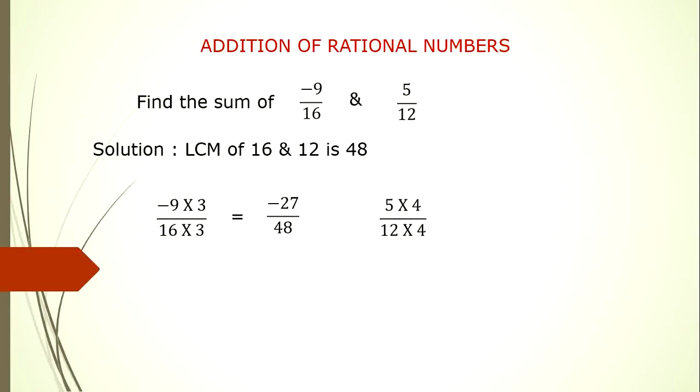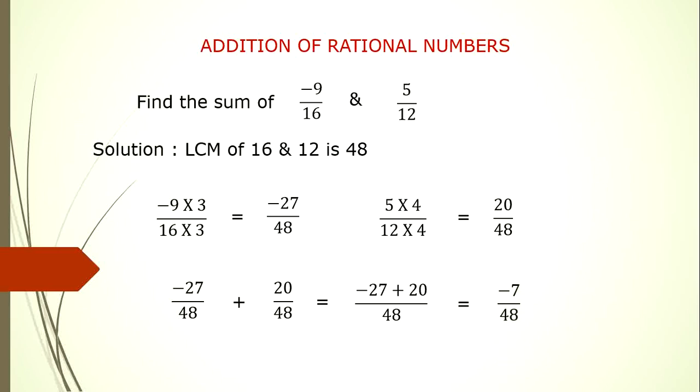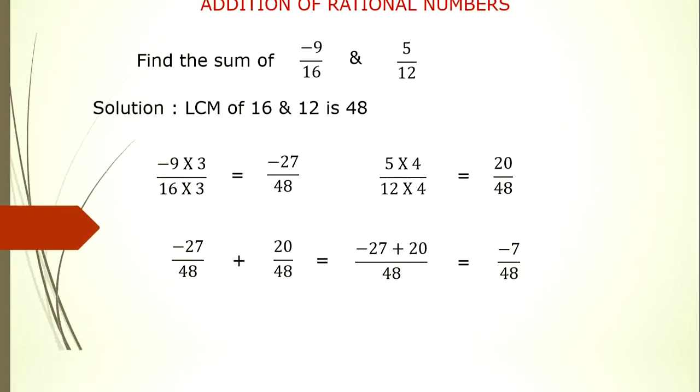Then the other rational number, 5 by 12. To get the denominator 48, we multiply the numerator and denominator by 4. So, we get 20 by 48. Now, we add these two rational numbers, which gives us minus 27 plus 20 by 48, which is equal to minus 7 by 48.